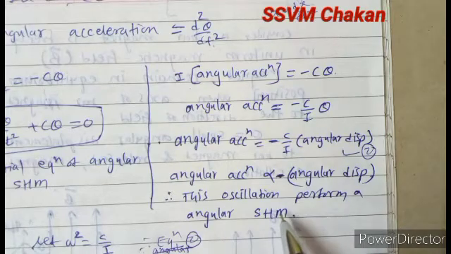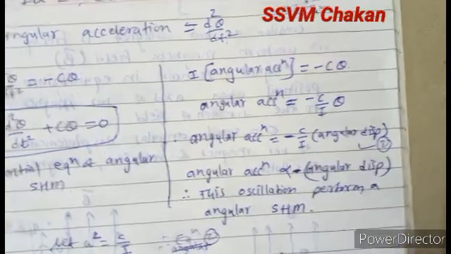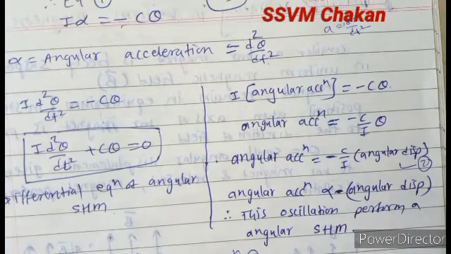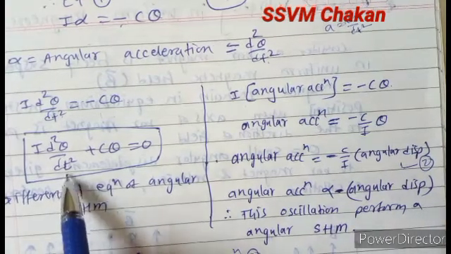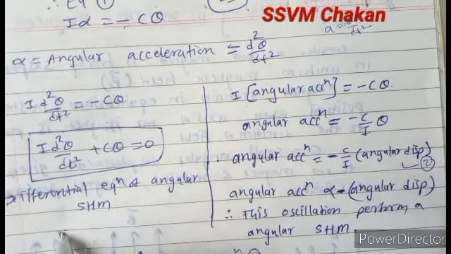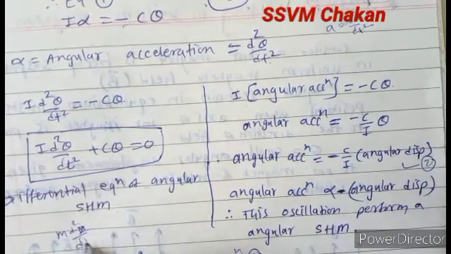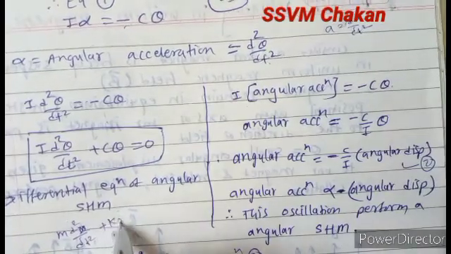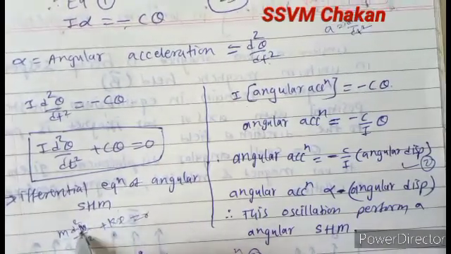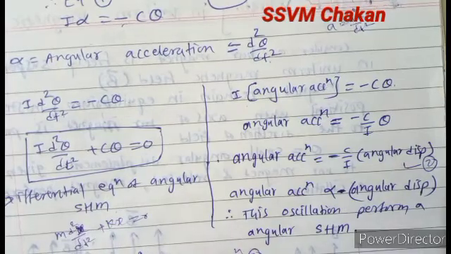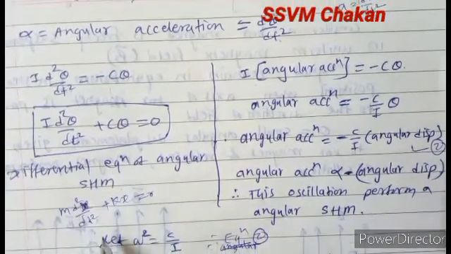angular SHM. Both the equations are similar to what we derived in linear motion, where in linear motion the differential equation is m d2x by dt square plus kx is equal to 0. This is your differential equation in linear motion.